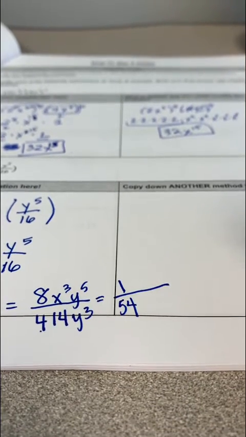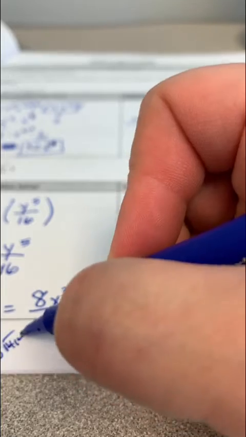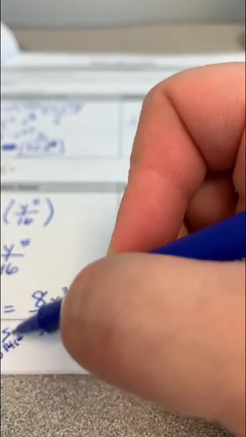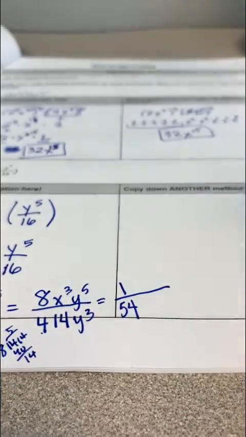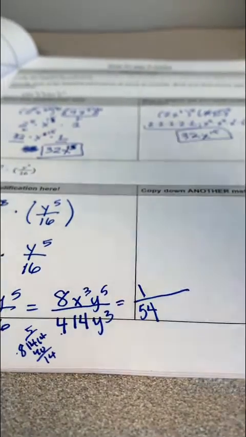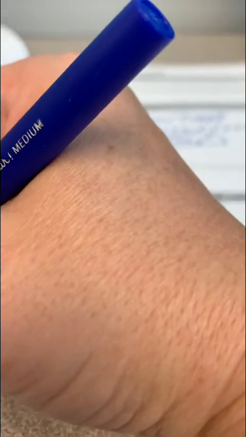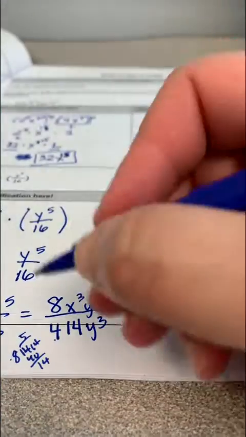Let's see. Just double checking. 8 goes in 5 times, 40, 14. Oh, that doesn't seem right, but it should be. I must have messed up somewhere. Oh, that's 42. That's why.